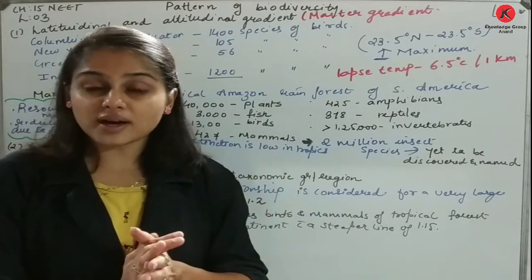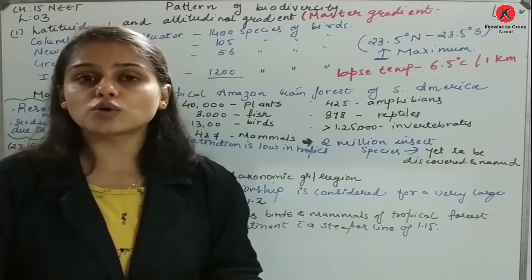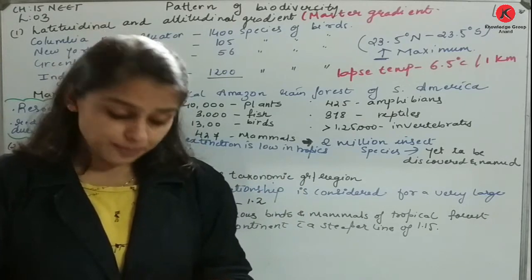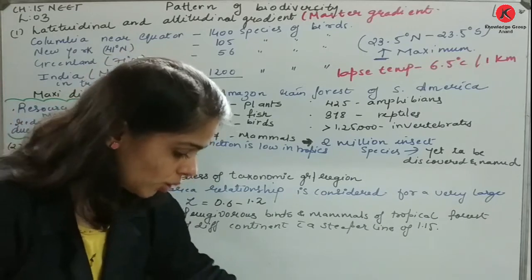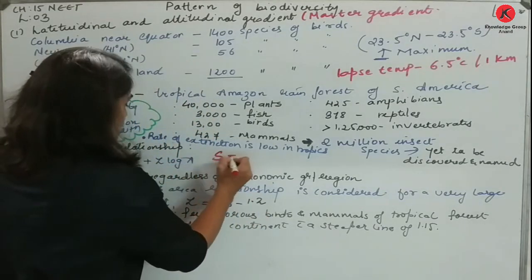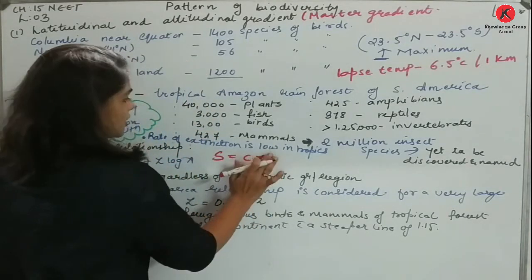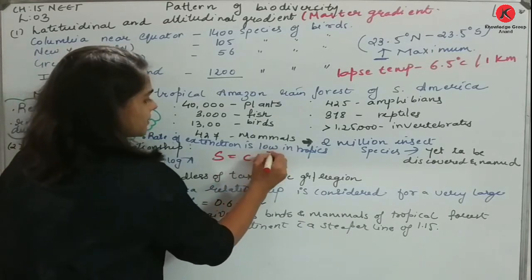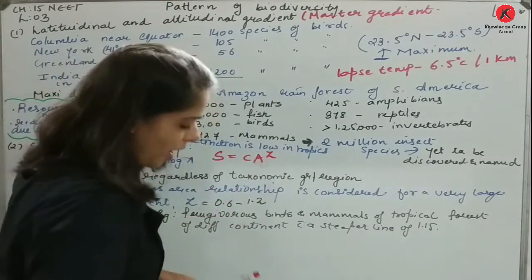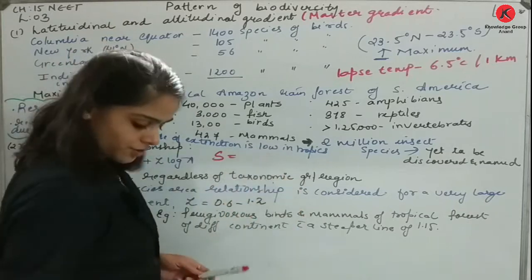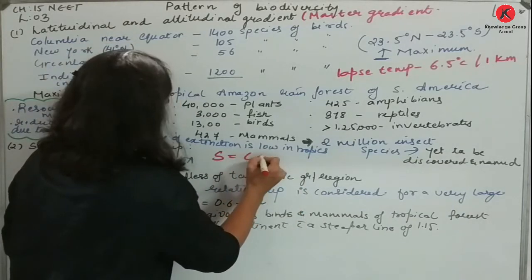And he plotted a graph, and this turns out to be a rectangular hyperbola whose value is S is equal to C A to the power Z. Am I clear? This is the value, right?